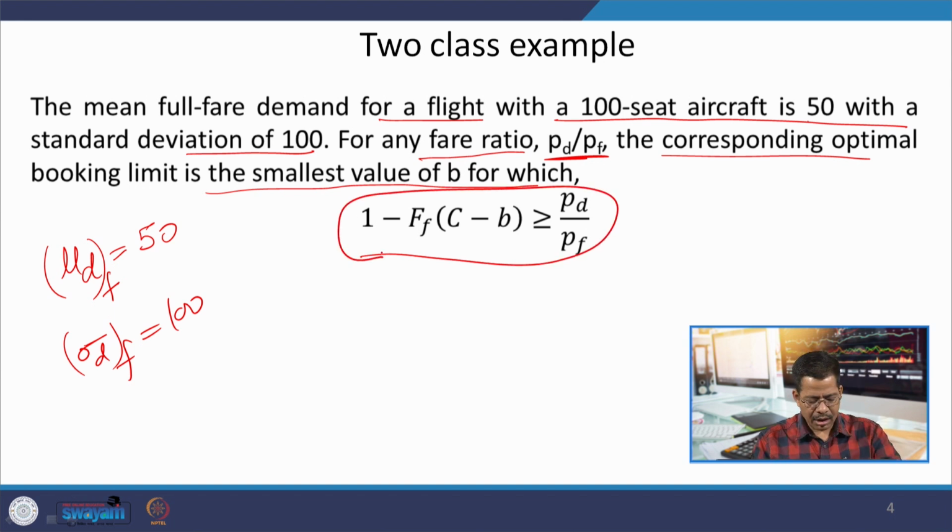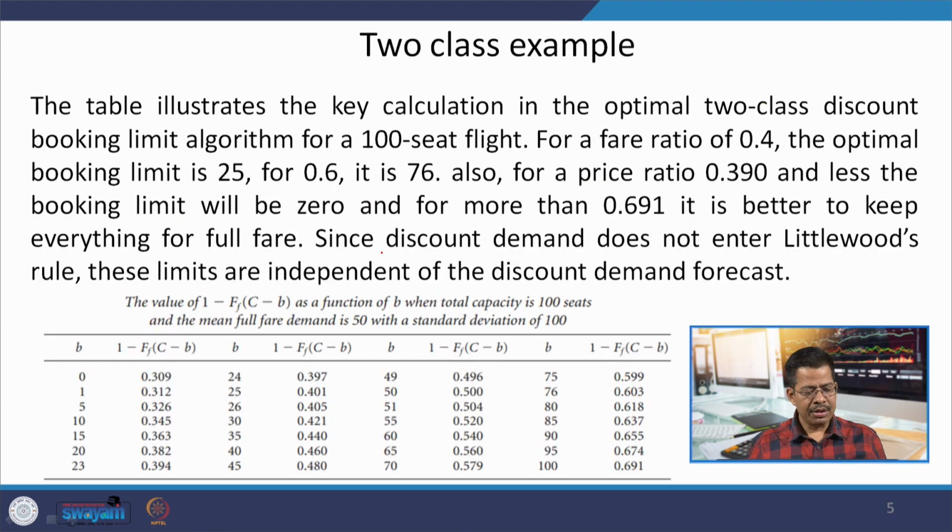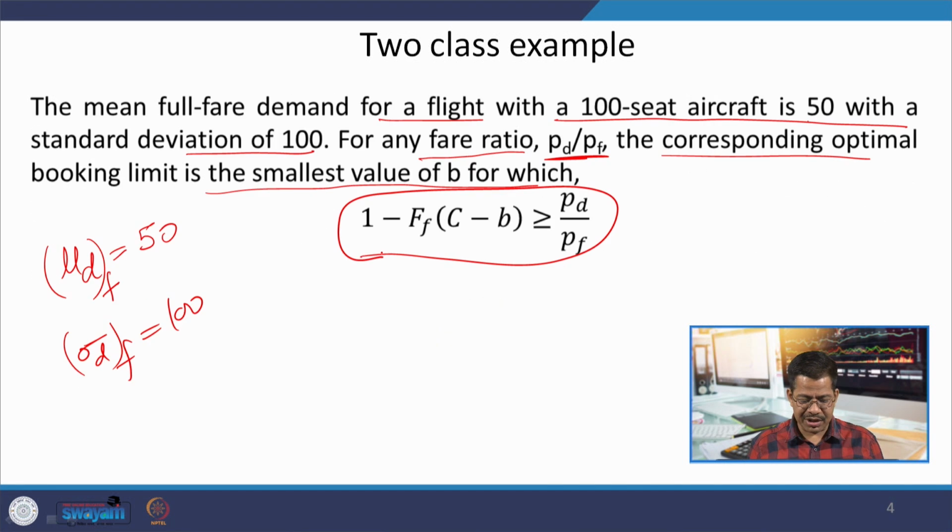So, let us see how we are going to execute it. In this case we have created a detailed analysis of this particular situation. So, please remember this situation, that mean demand is 50, the standard deviation is 100, and now we will be changing the ratio and we will see what is the smallest value of B for which this left hand side is just ahead of Pd upon Pf.